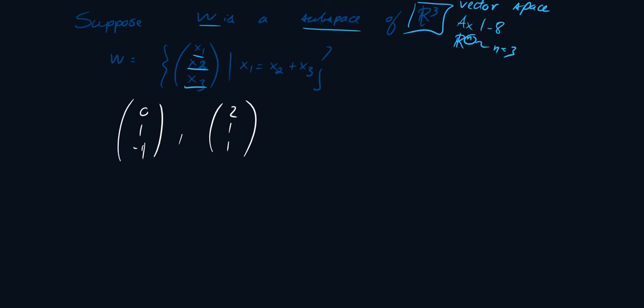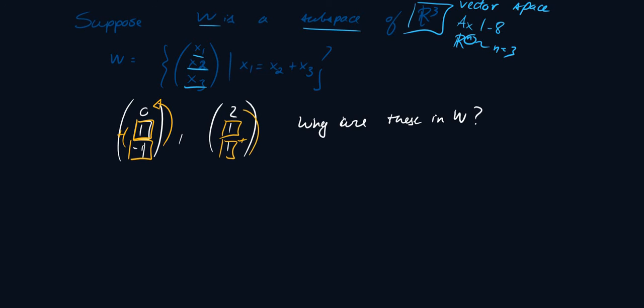And the reason why these are in W, even though they are also in V, is because if you take the second component and add it to the third, this addition gives you the first component. Similarly here, if you add these two together, that's 2, and the 2 is your first component.